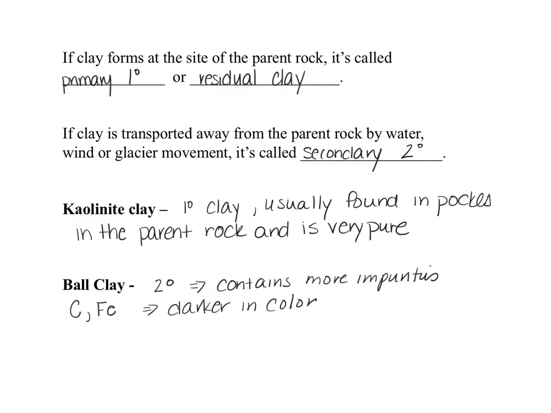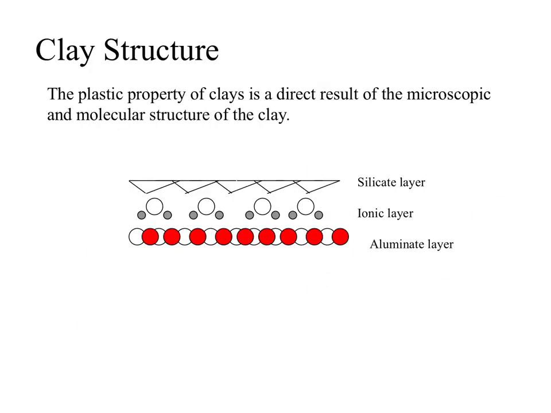Now, let's talk about clay structure and that plastic property that we talked about before. The plastic property of clays is really a direct result of the microscopic and molecular structure of the clay. If you look at this rendering here, we've got a silicate layer, then we have an ionic layer, and then we have the aluminosilicate here.